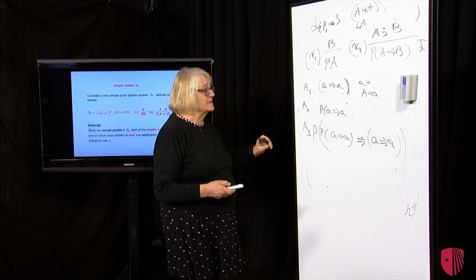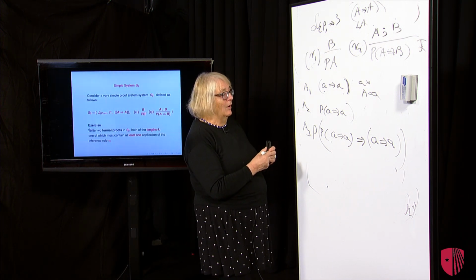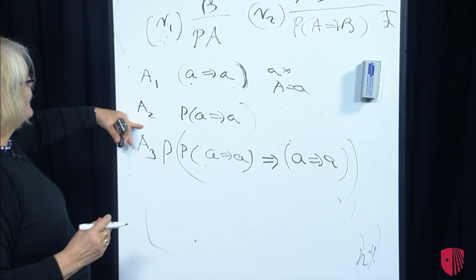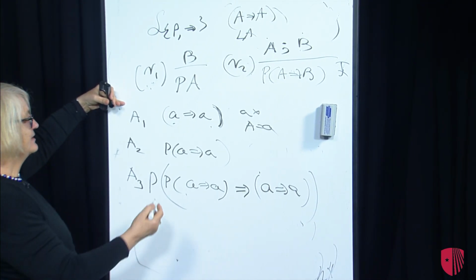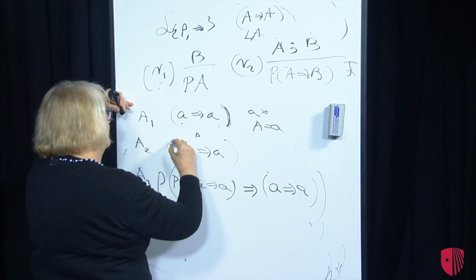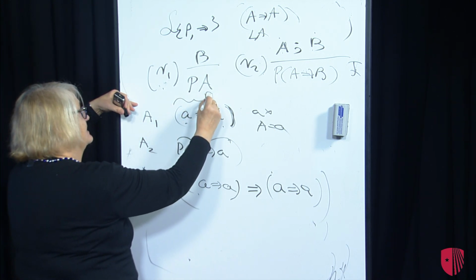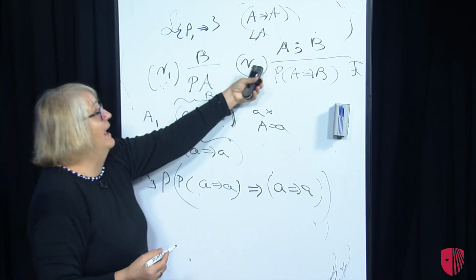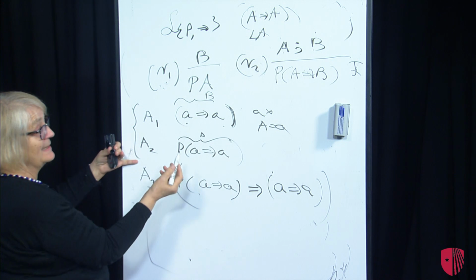Why? Because by definition, to apply the rule, the premises have to be located before. It doesn't say in which order. So I take as A here in the rule this, and I take this as B. Both A and B are already in our sequence.